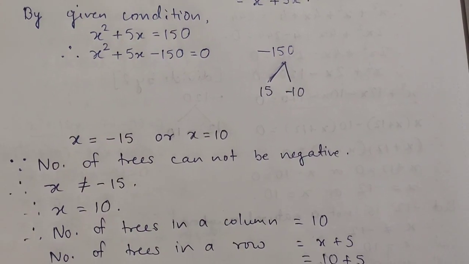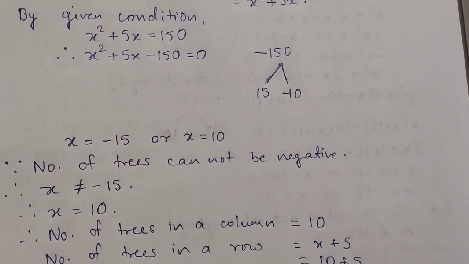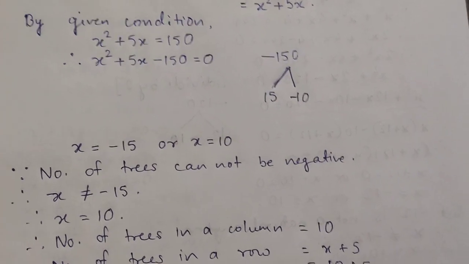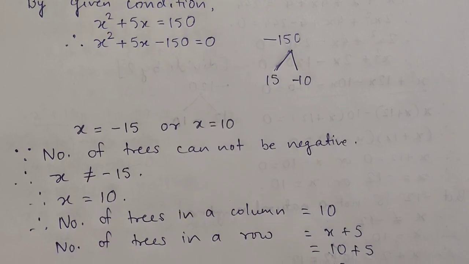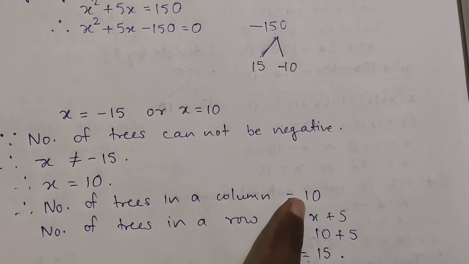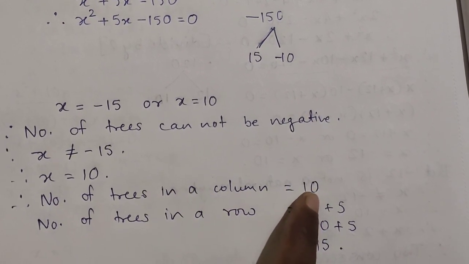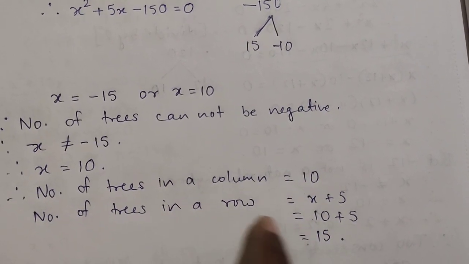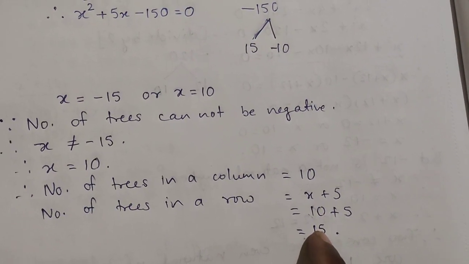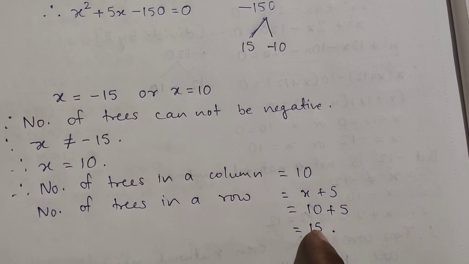You cannot count that this tree is minus 1, this tree is minus 2. You can easily count that this is the first tree, this is the second tree. So that is why trees cannot be negative. Then we got x value 10, and if you got x value 10, then obviously your column trees will be 10 and row trees will be 15. Okay, so in this way we have solved our first question, that is the third one.